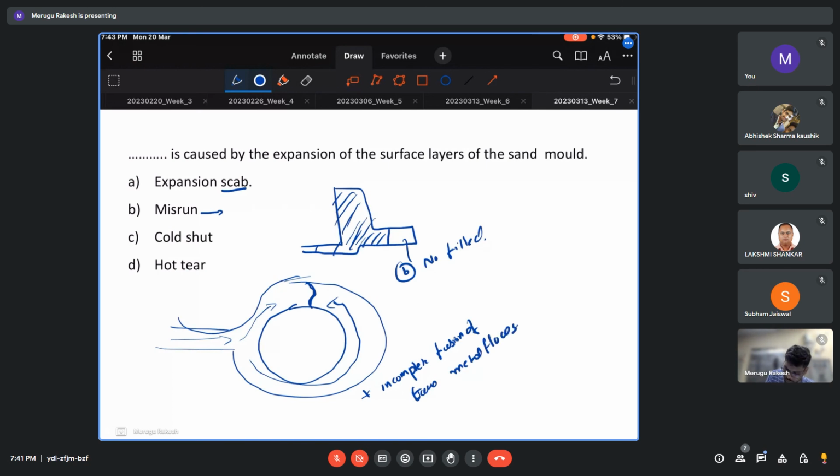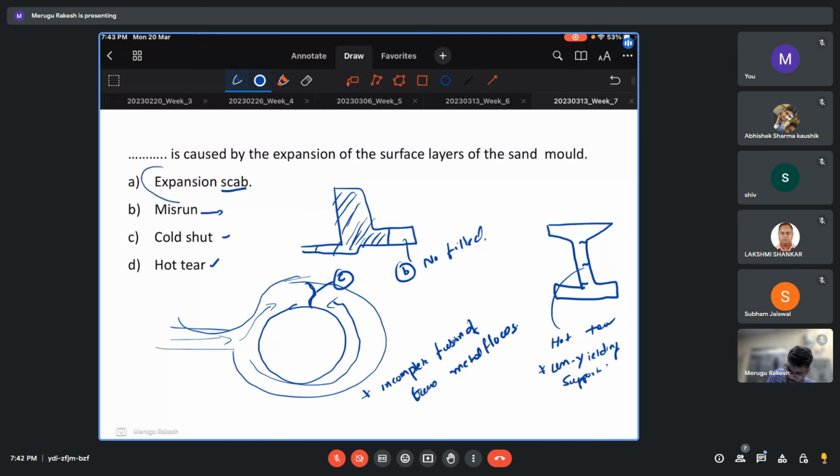Okay. Then we have hot tear. Hot tear, simply we can go with this I section. Suppose we have this type of casting, then we can easily get this type of defect. So the remaining is scab. Scab is nothing but this expansion only.